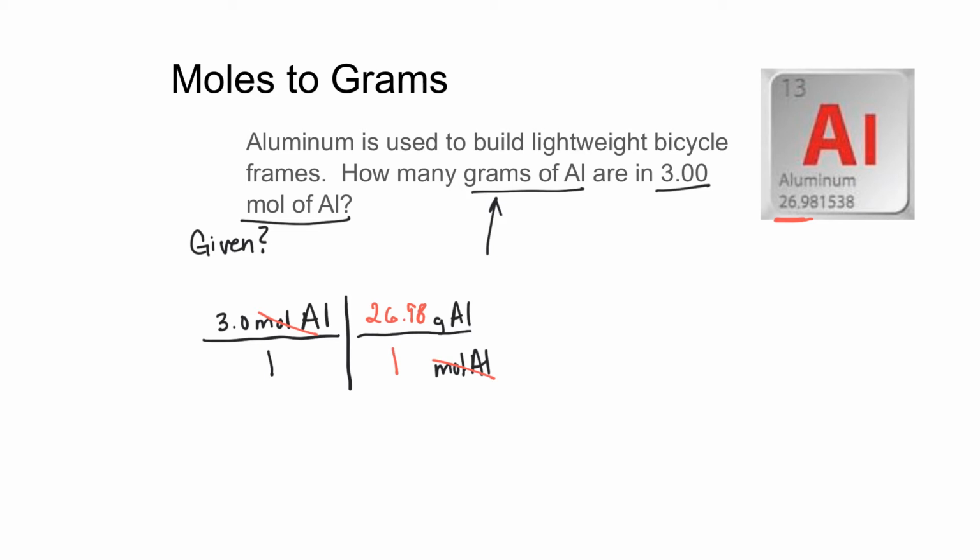And so if we do 26.98 times 3, you should get 80.94. And that's grams of aluminum. Okay? Pretty easy. Let's do another one.